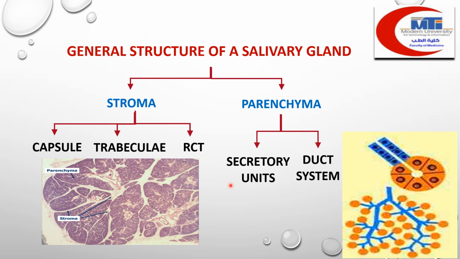Reticular connective tissue is formed of cells and fibers that form a network supporting the parenchyma. The parenchyma is formed of the functioning cells. The functioning cells are organized here as secretory units and duct system.